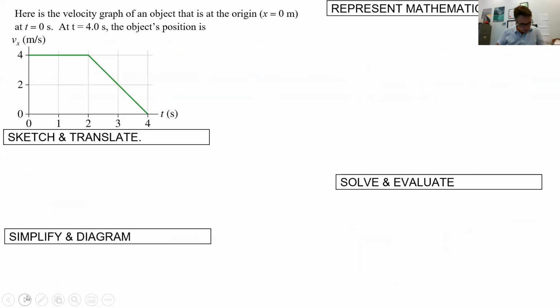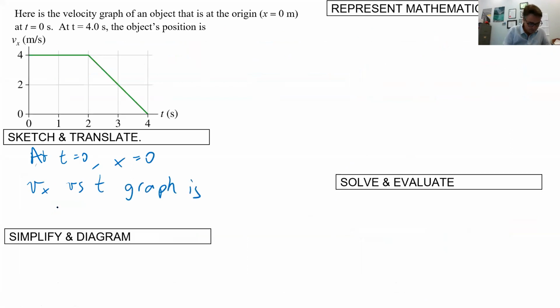While we're doing things, I want to do this velocity graph of an object that is at the origin, x equals 0, at t equals 0 seconds. So at t equals 0, x equals 0, and the v sub x versus t graph is given.